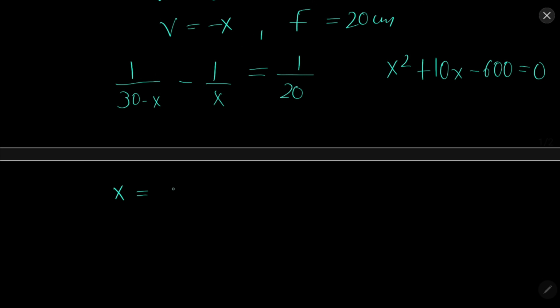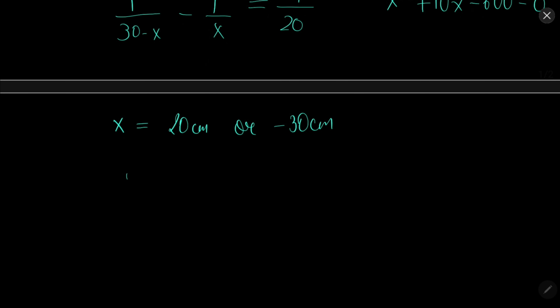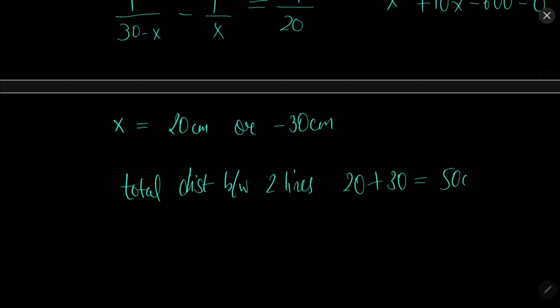So x can be 20 centimeter or minus 30 centimeter. Total distance between the two mirrors, 20 plus 30, 50 centimeter.